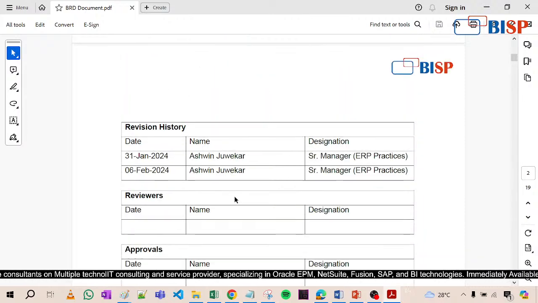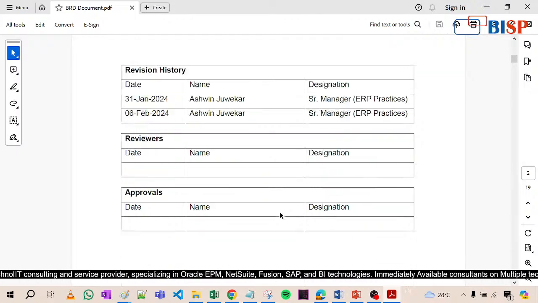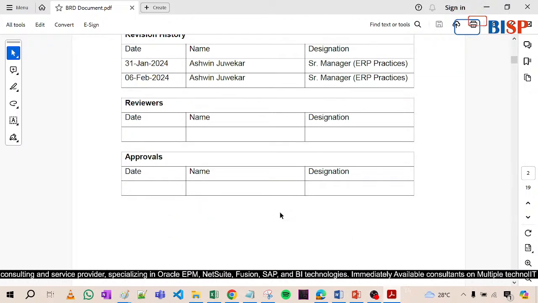In that case, these 3 tables are very important. It will be a lifesaver for you. You can show them that from your side so many changes were introduced, so the requirements were not frozen at the given time. That is why we took this much time.